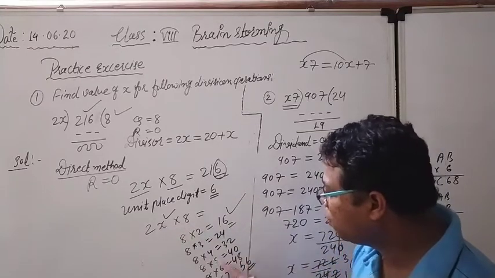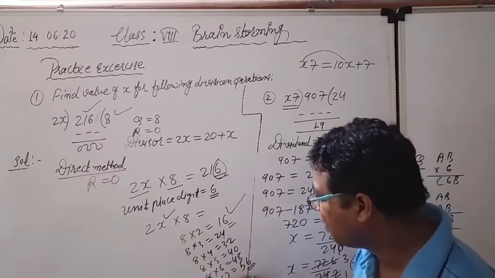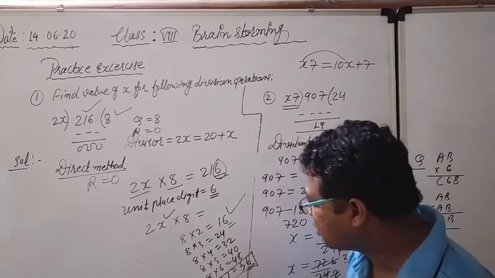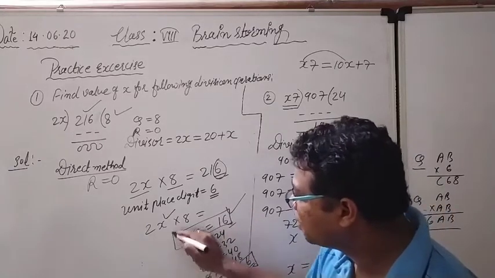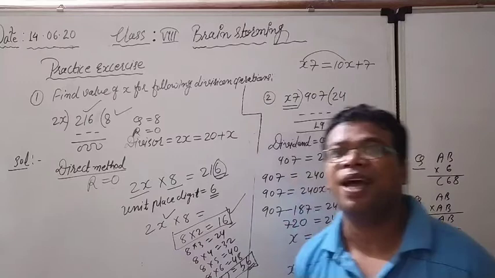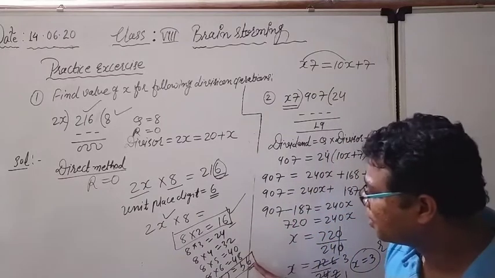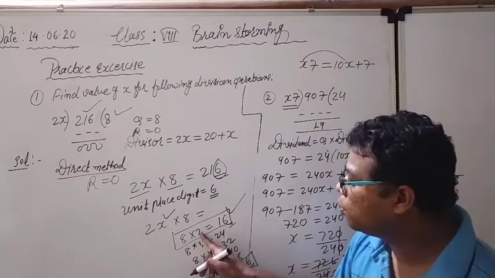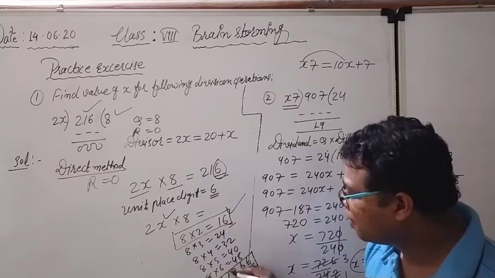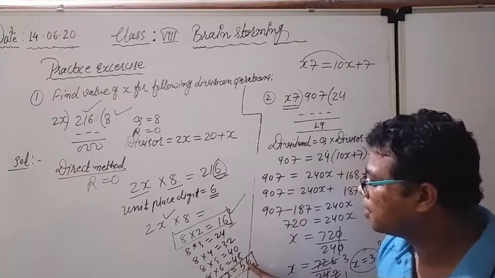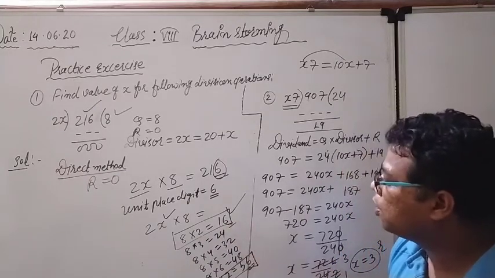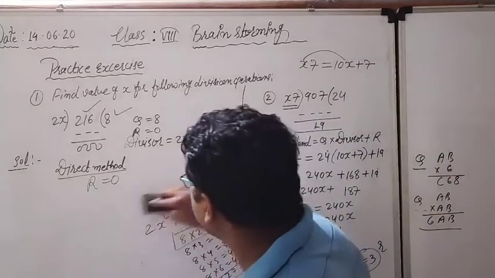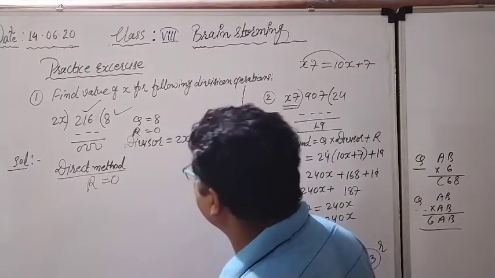Either the x value should be 2 or the x value should be 7. Why? Because in these two cases I am getting 6 at the unit place digit. 8 2s are 16, 8 7s are 56. So I will check for both these conditions, nothing else.